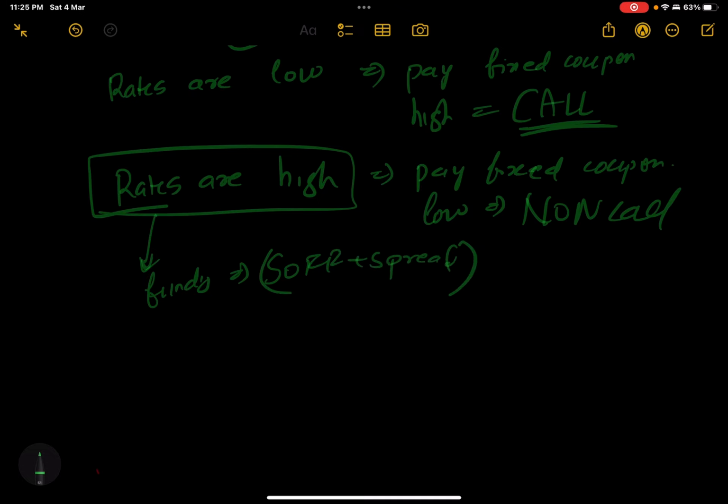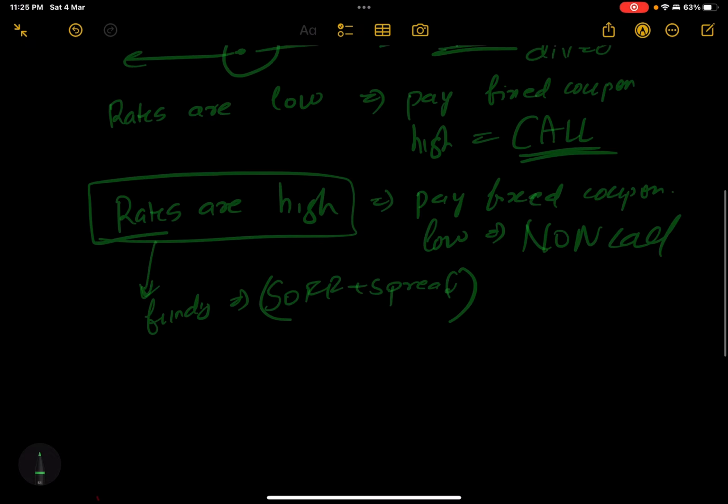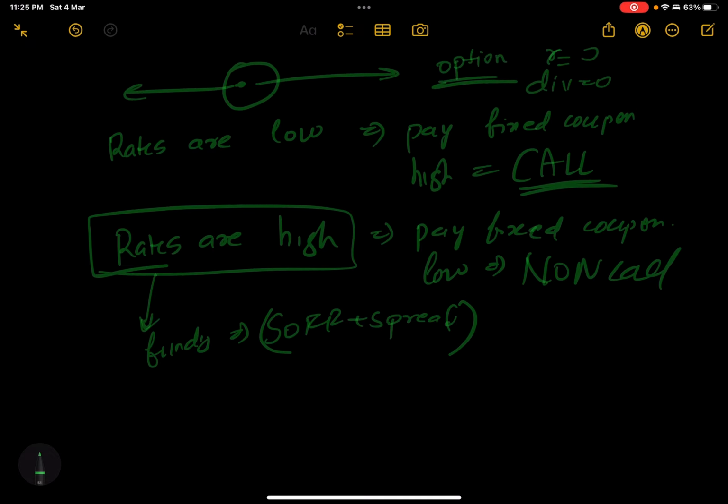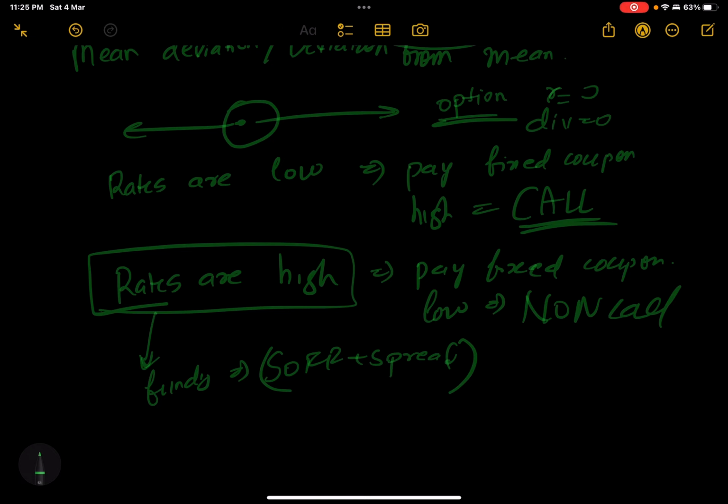This is the bank funding. Since I can get this, probably I won't call the structure, but this is a separate topic. I don't want to deal into this. So for now, rates are high, pay fixed coupon which is low, don't call. Rates are low, pay fixed coupon which is high, I will call the structure.